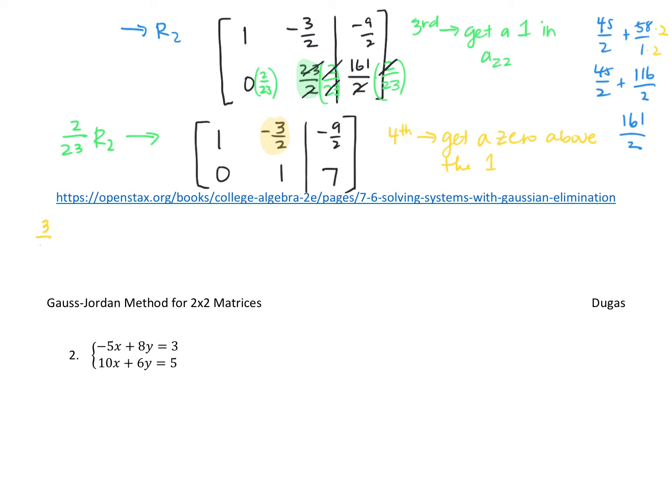So 3 halves times row 2. You always add that to whatever row you're trying to make a 0, and you replace that row with that. So we're going to do 3 halves times row 2 plus row 1, and then we're going to replace that with the new row 1.